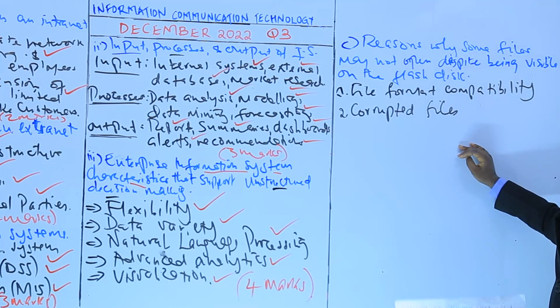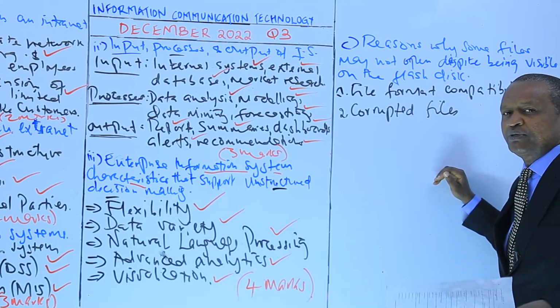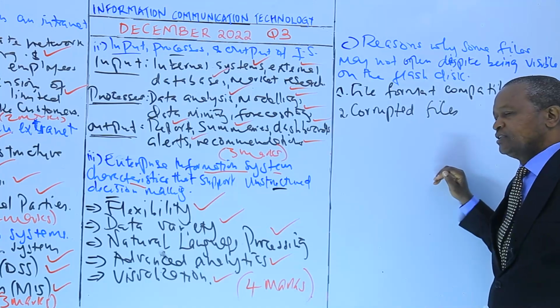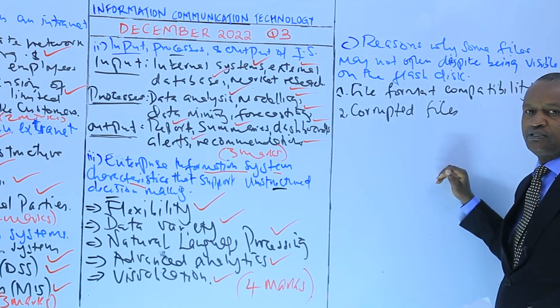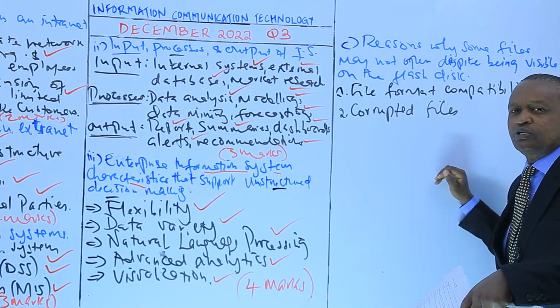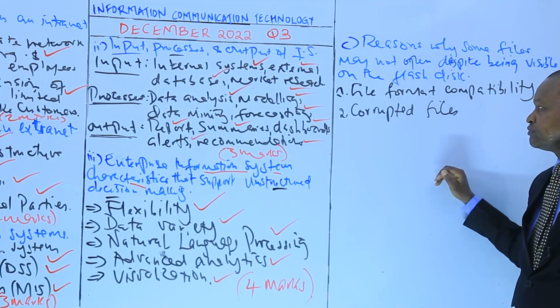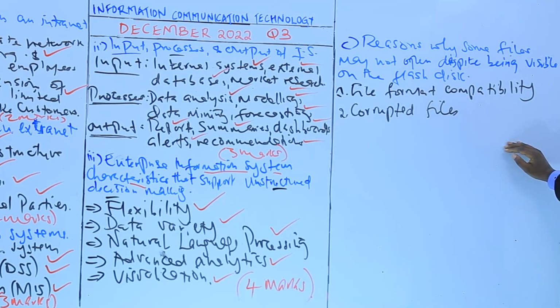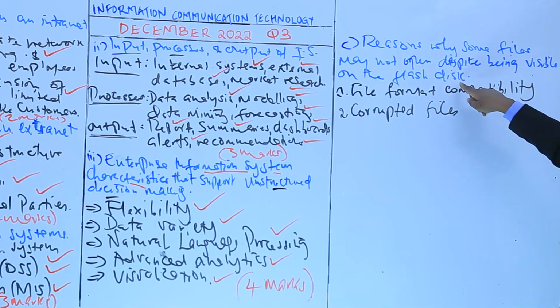So the files may be corrupted because of improper ejection of the flash disk, file transfer errors, or even virus infection. And candidates, corrupted files may not open properly, or may display errors when even attempting to open them. So corrupted files could be a reason why some files may not open despite being visible on the flash disk.